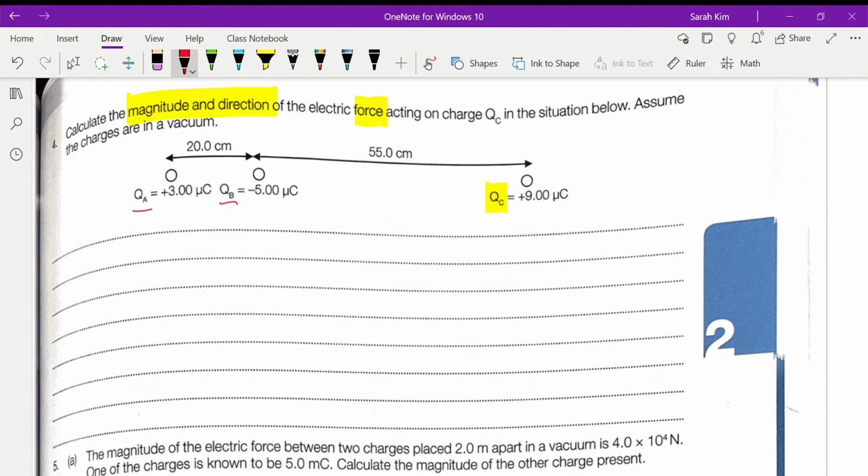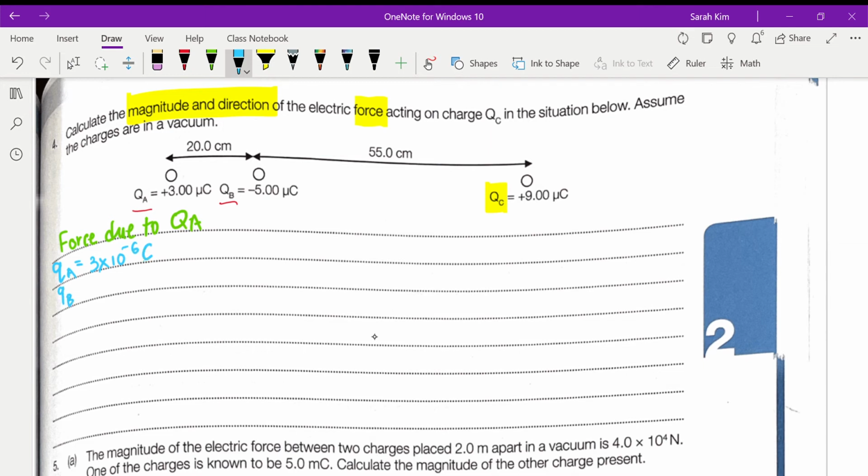Alright, let's go step by step. Let's start with QA. Force due to QA. So this is when QA and QC interact. My facts would be, Q1 would be my QA, which is 3 micro, micro is 10 to the power of negative 6. I'm just going to write that straight away.